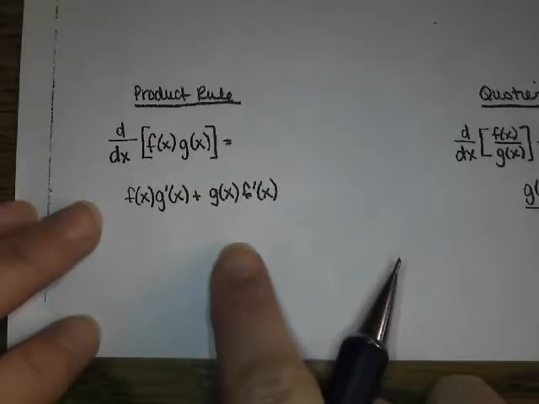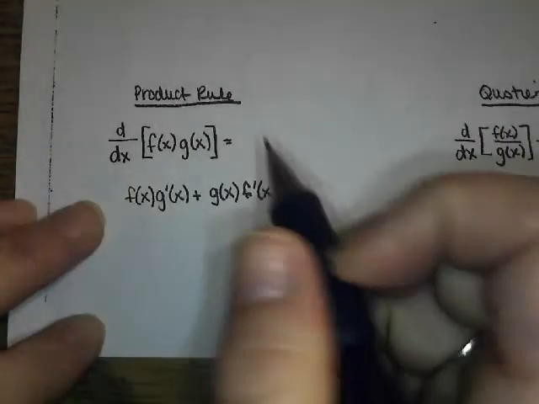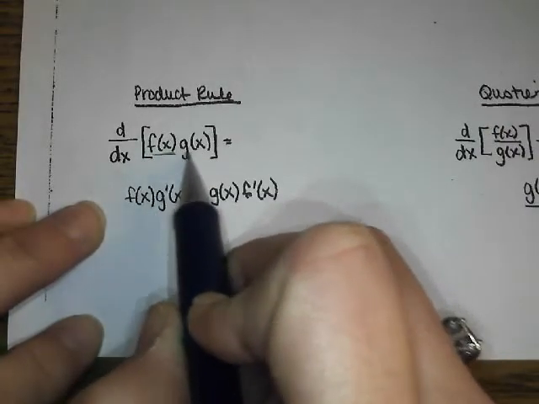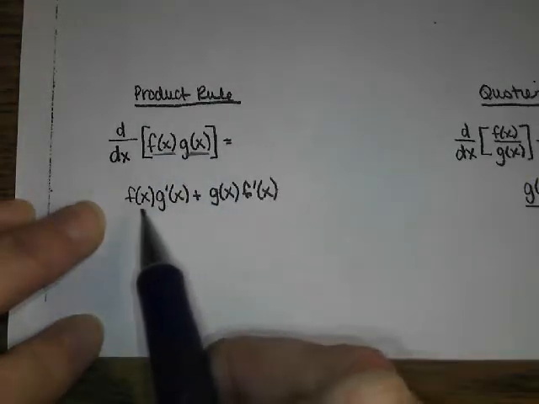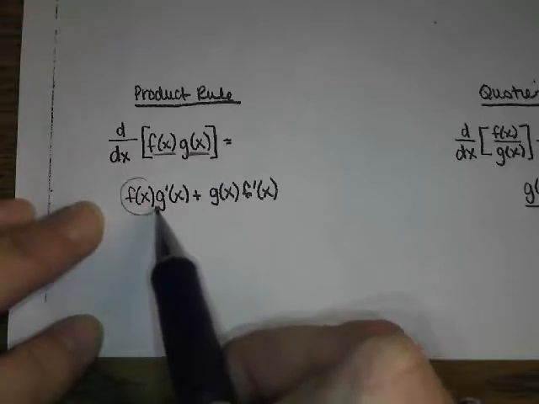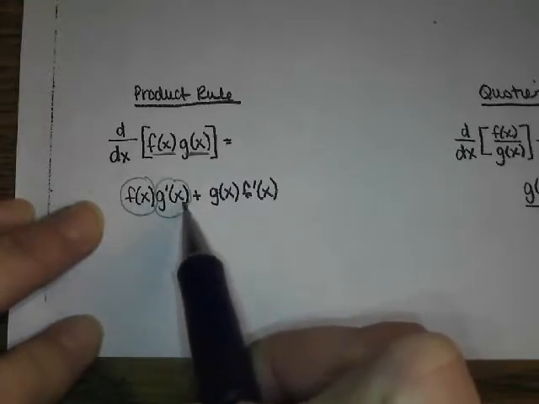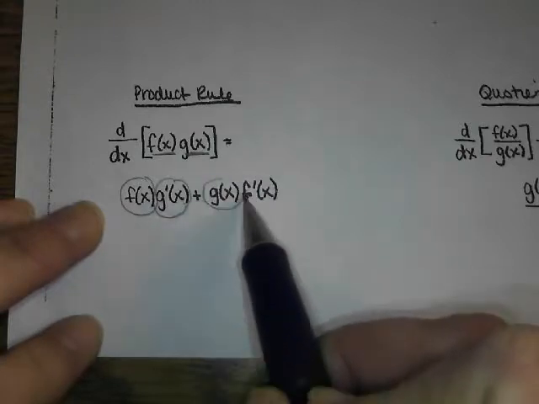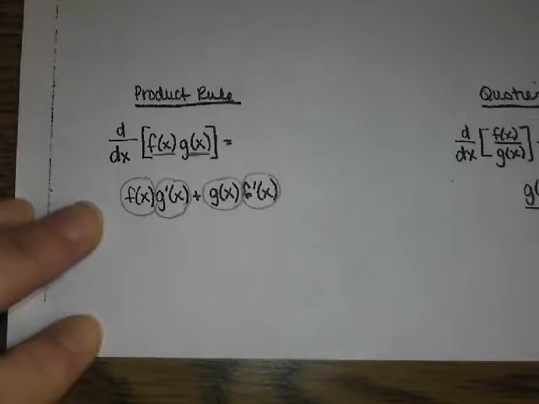It's pretty quick. Down at the bottom, you'll see it in notational form. If we want to take the derivative of the product of two different functions, that will equal, here's your first function, times the derivative of the second, g prime of x, plus the second function times the derivative of the first function.